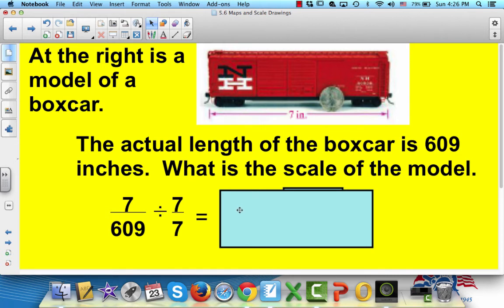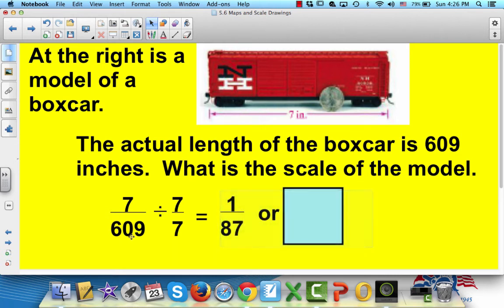So 7 divided by 7 gives you 1, and 609 divided by 7 gives you 87. Okay, but we don't typically write it this way, even though it's okay to write a ratio this way. For maps, we typically write it like this. Oh, if I can hit the button. There we go. 1 to 87. So that's how we would write our scale.